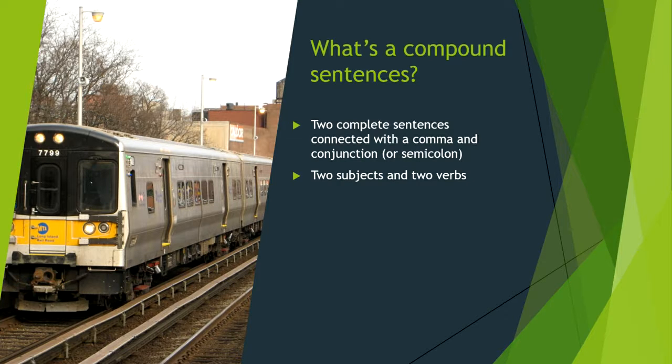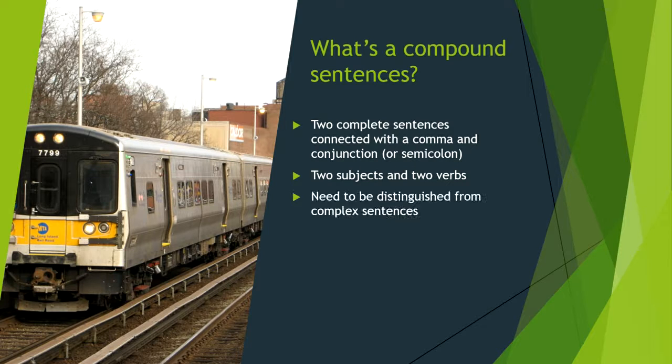So it always has at least two subjects and two verbs. You could have three or even four, but you're getting a little unwieldy at that point. Usually these come in pairs, where it's two sentences with two separate subjects and two separate verbs. So two separate subject-verb relationships.